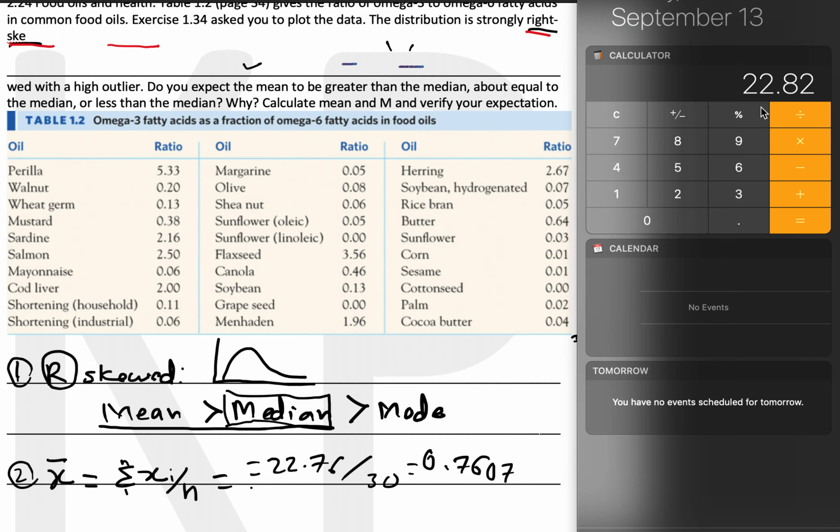So you can see that the sum comes up to 22.82. So it's going to be somewhere around that. If there is some mistake, you can just go back and see the calculation. So let's say the answer is 22.82.